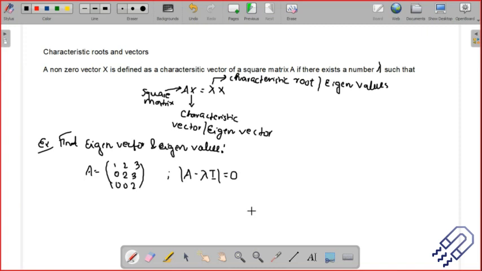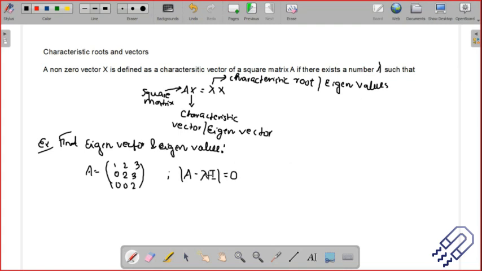When you write it in this form, you take I to be the identity matrix and take the original matrix A, giving A minus lambda I. You basically get a matrix whose determinant you can take, where I is the identity matrix and lambda is nothing but the eigenvalue.